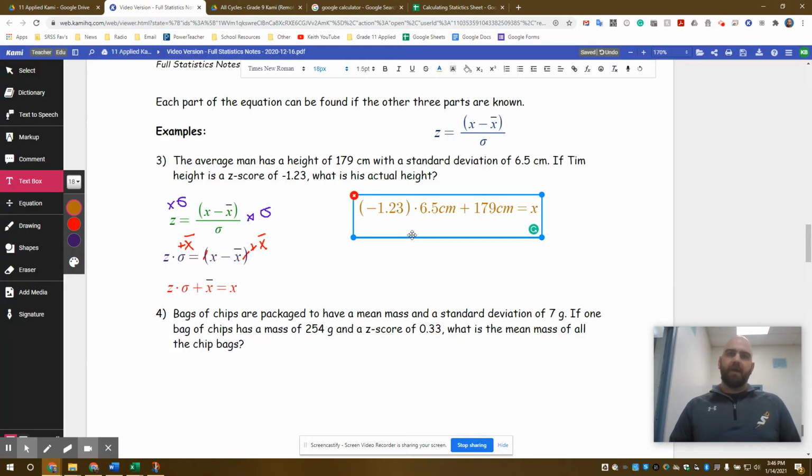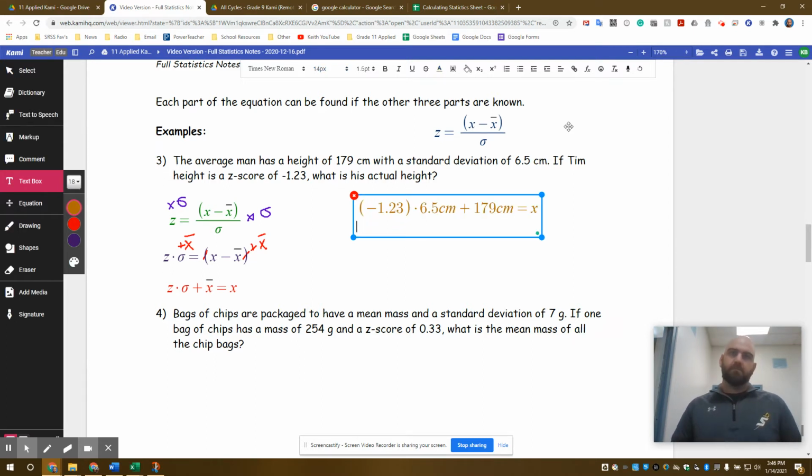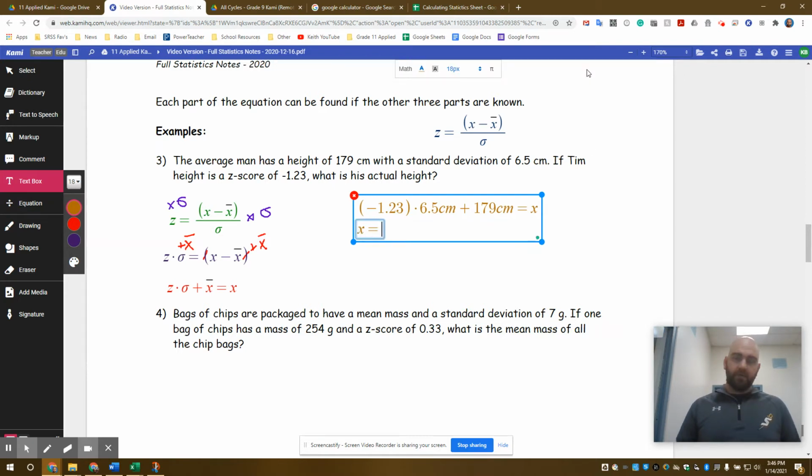Normally, we're going to keep that as x equals 171.01 centimeters.